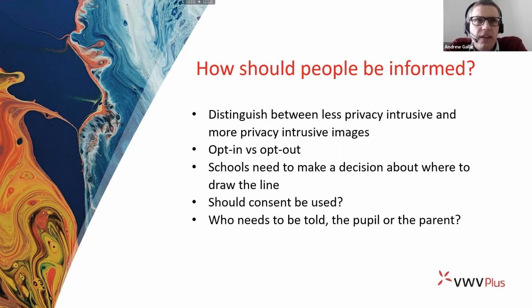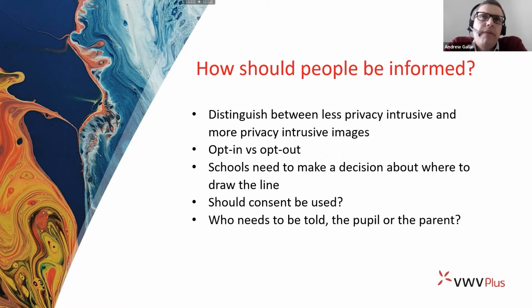For those that fall in the less privacy intrusive category, I would suggest an opt-out approach, i.e. you will take and use the image unless the pupil or parent tells you that you shouldn't. For those that are more privacy intrusive, I suggest an opt-in approach where you get people to sign a form, and you would only use and take the image if the person has actually signed the form. So you've got that evidence.